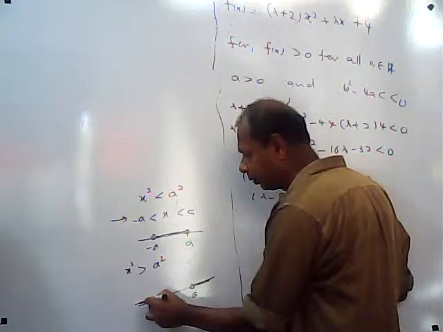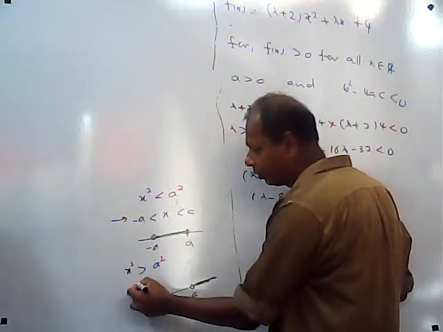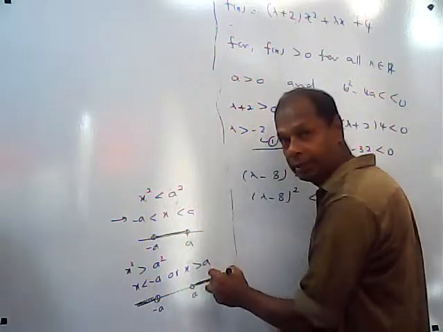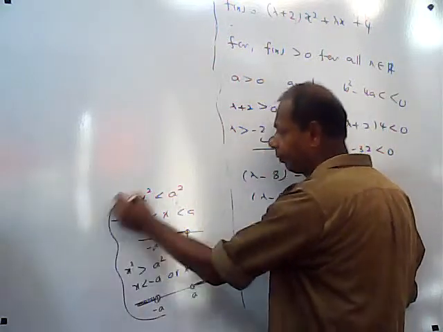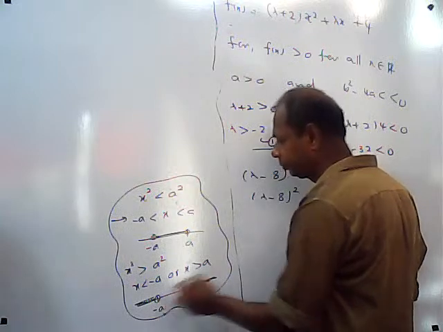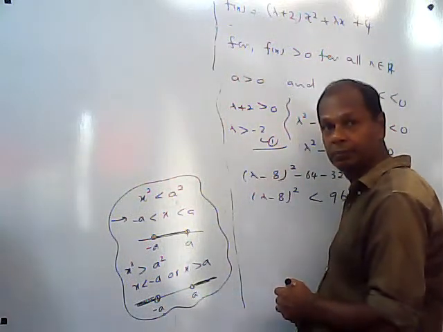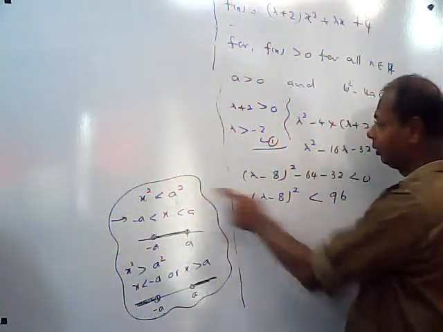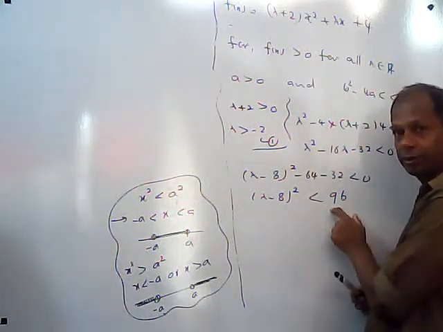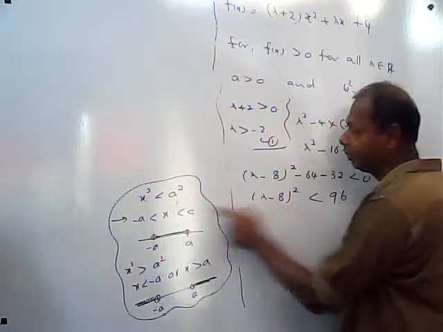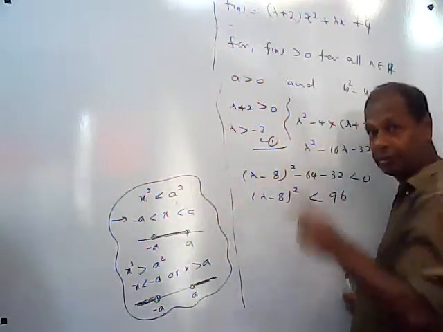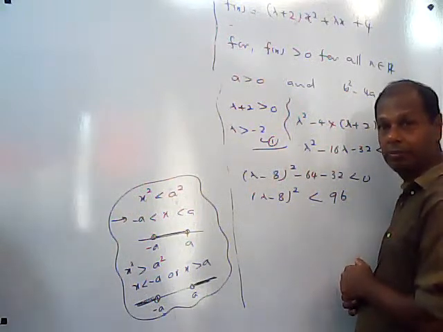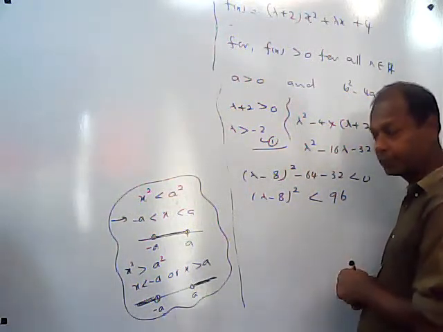X will be less than minus a or x will be greater than a. First rule: x squared less than a squared, then x is between minus a and plus a.